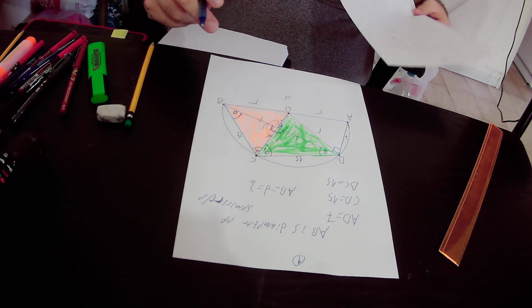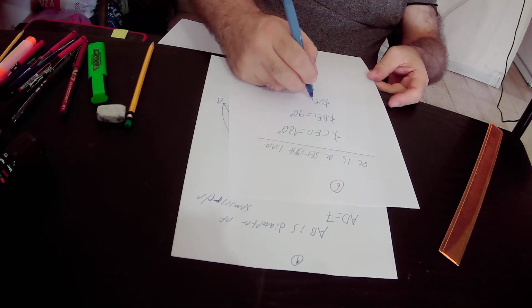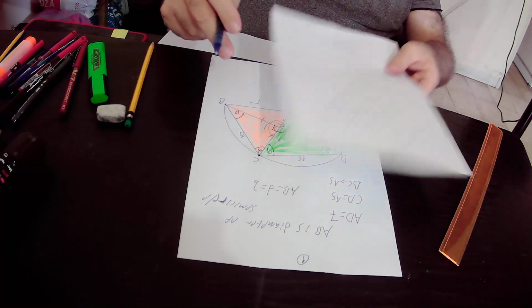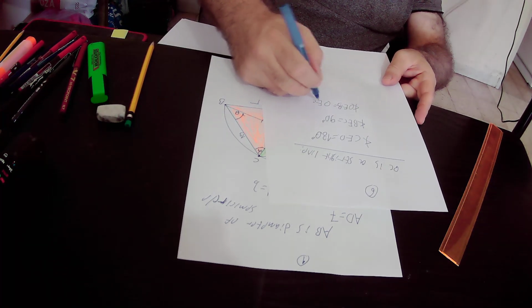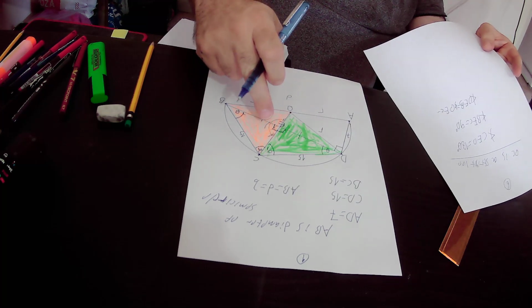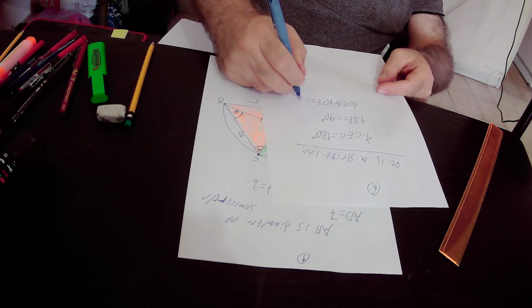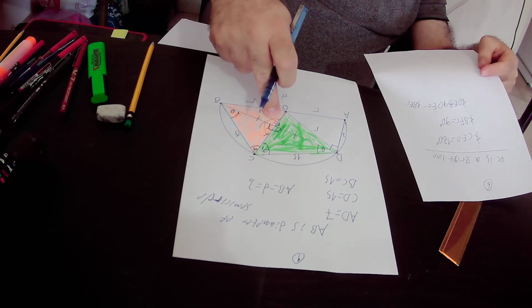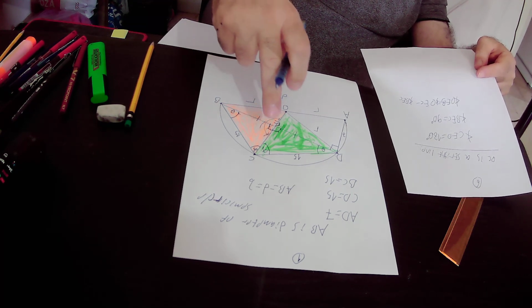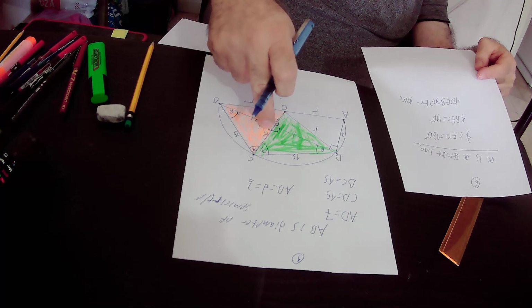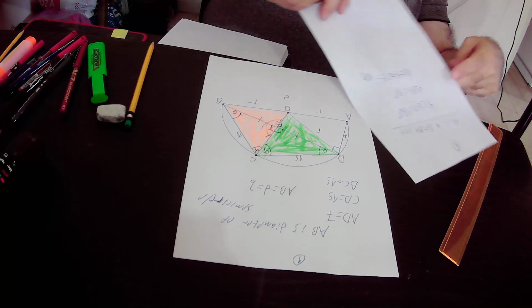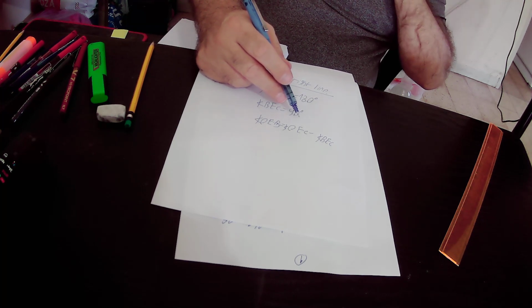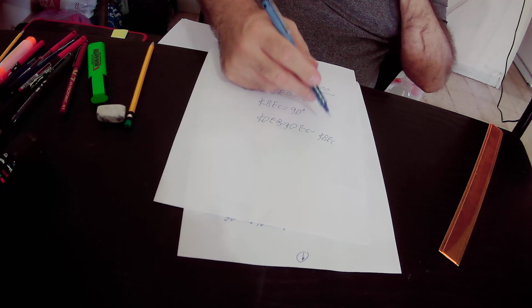So the size of angle OEB will be equal to the size of angle OEC minus the size of angle BEC.